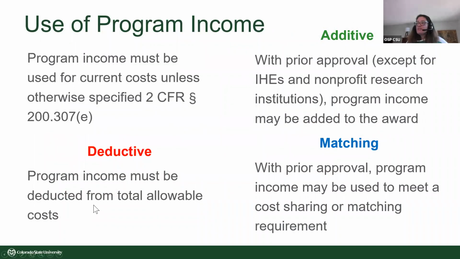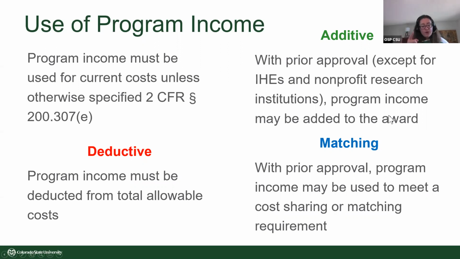Okay, so uses of program income. Again, this is still in subpart D, the post-award requirements. If the use of program income is not specified by uniform guidance or by the award document, then typically for institutes of higher education, program income will be additive. With prior approval, except for institutes of higher education, program income may be added to the award.